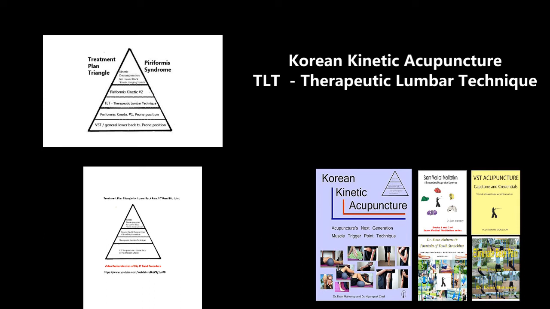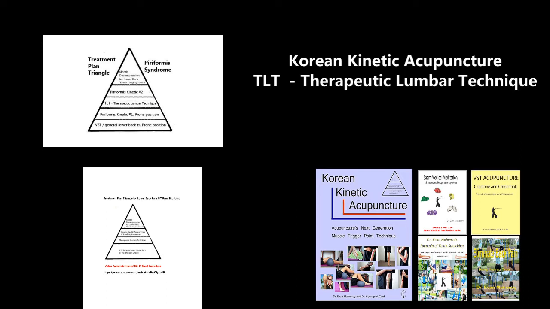And it is located in these treatment plan triangles at some point. So generally, whenever we do a lower back treatment, we will be doing a TLT. This involves both an acupuncture procedure followed by a manual back stretch.